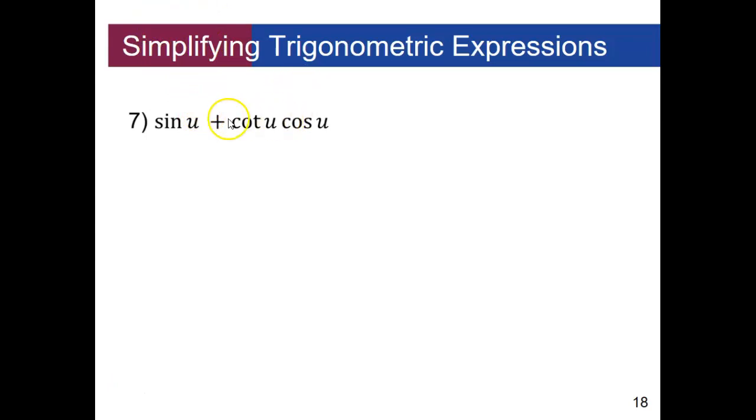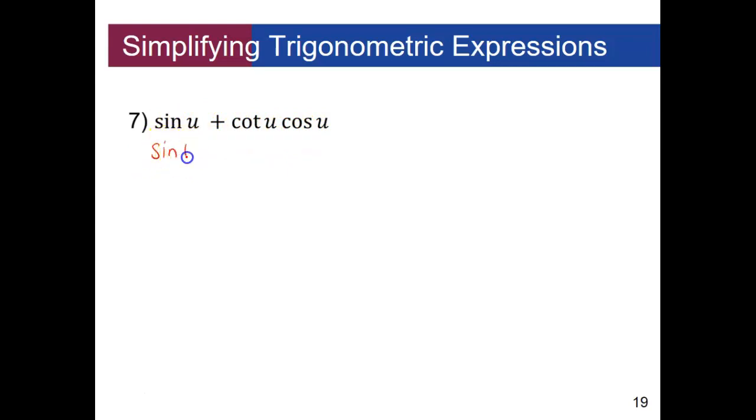Okay, this one's going to involve several different techniques. So it's going to be a little bit longer than some we've been doing here. The first thing that we're going to do is replace this cotangent so that we get everything down to being either sine or cosine.